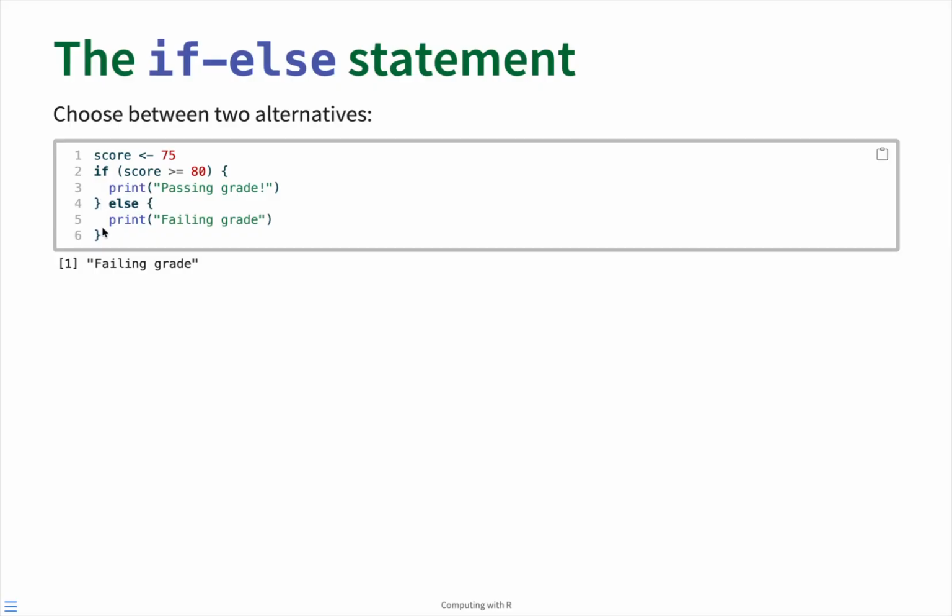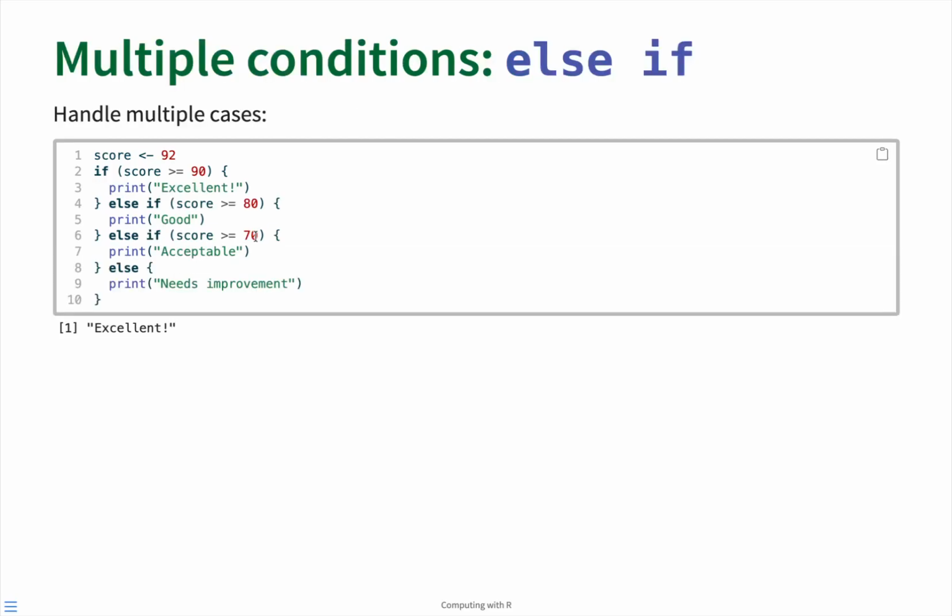Now, if you have more than two conditions that you want to run, you can chain together multiple if statements like you see here. Here we have the initial if statement where we're comparing score to see if it's greater than or equal to 90, in which case we would run this code if that expression evaluates to true. Else, if score is greater than or equal to 80, then we would run this code.